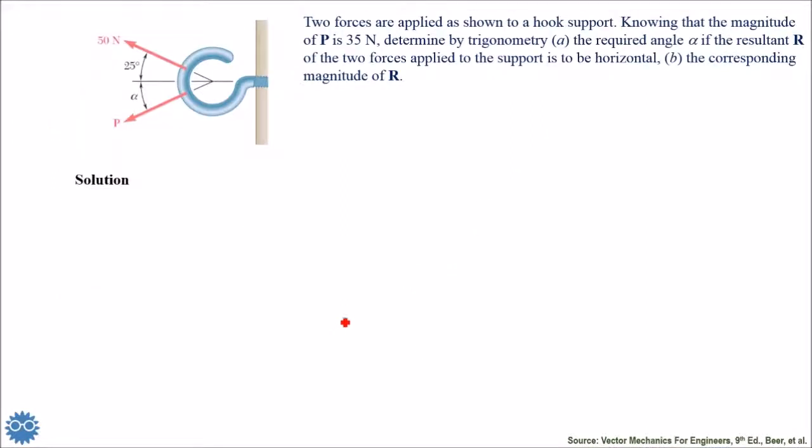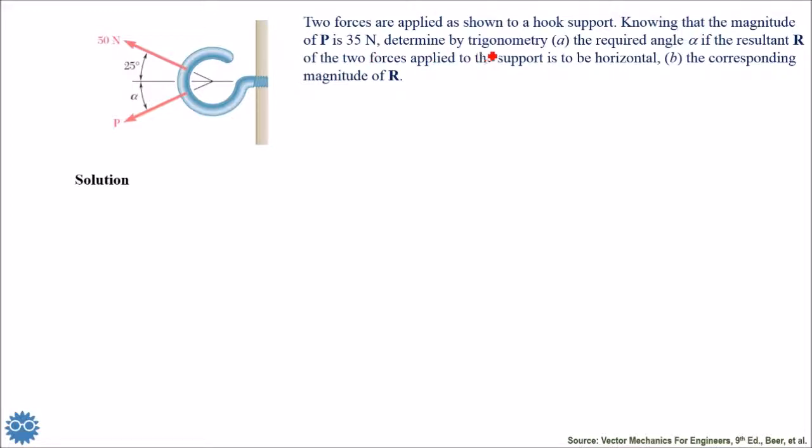In the second problem, two forces are applied as shown to a hook support. We have a force of 50 newtons, inclined by 25 degrees above the horizontal, and the force P, which has a magnitude of 35 newtons.